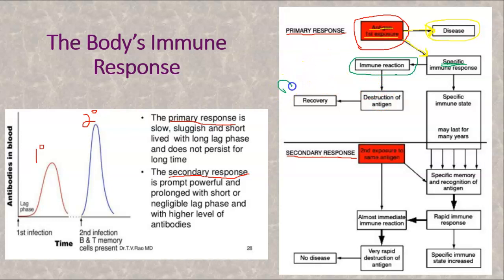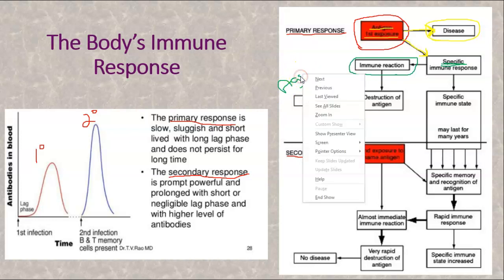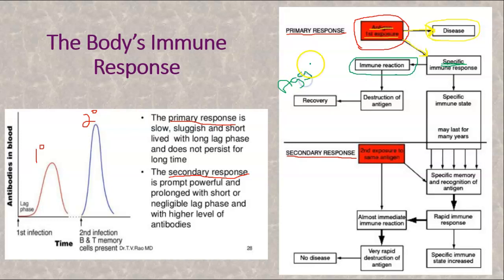Let me write it here, AGG. All the antibody-antigen complexes would clump together in a process called agglutination. The main purpose of that process of agglutination is to bring all the foreign elements in one place, so that the phagocytes, remember you have lymphocytes and phagocytes in blood.